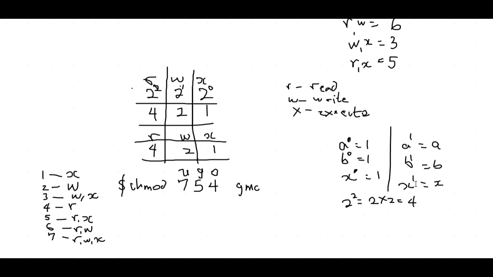Does it make sense to you? So 754 means user has read, write, execute, group has read and execute, while others have read only permission.